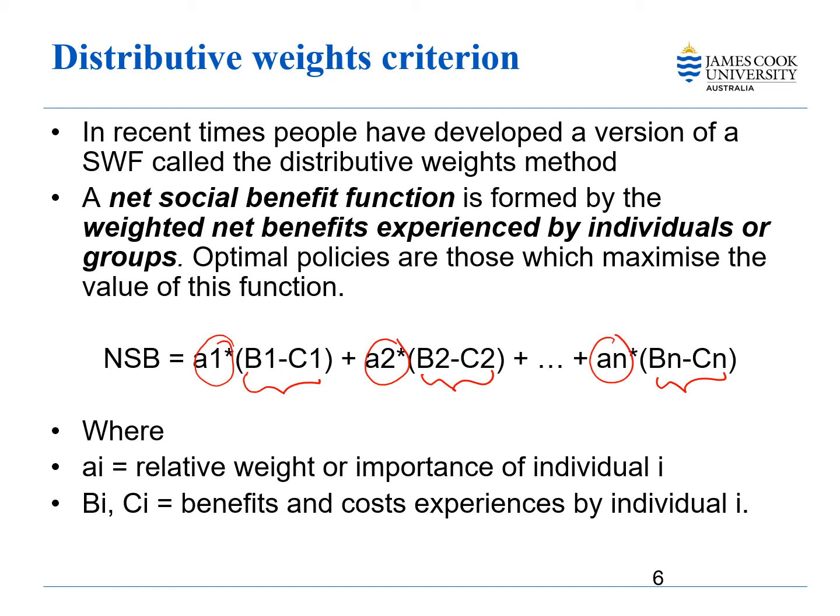So this is called a net social benefit function. It is formed by the weighted net benefits experienced by individuals or groups. If we have this net social benefit, we can just choose the projects that have positive net social benefit or give the highest level of net social benefit. So compared with the social welfare function, here it seems that we have a more specific functional form. So it's net benefit for each individual, weight them, add them up.